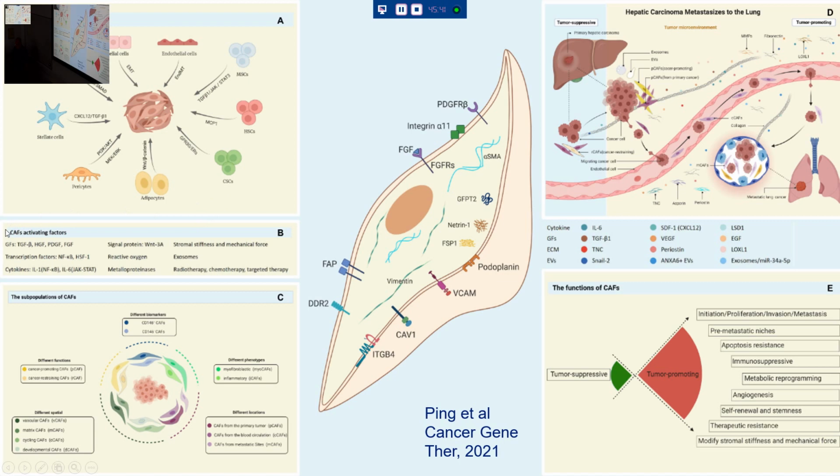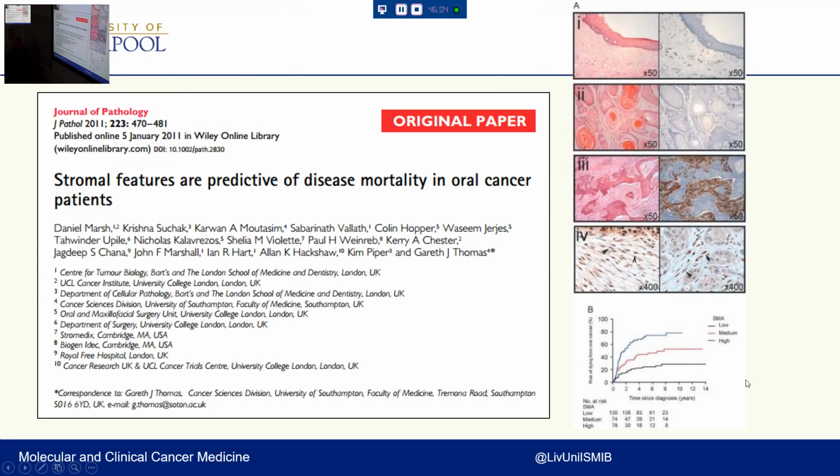They are activated by a number of different pathways. And we're now beginning to see that, just as we could see with the cancer cells and their features, there are molecular subtypes of cancer-associated fibroblasts, and that they are doing different things in the tumours. And again, there's this balance between tumour suppressive and tumour promoting effects, which is very important.